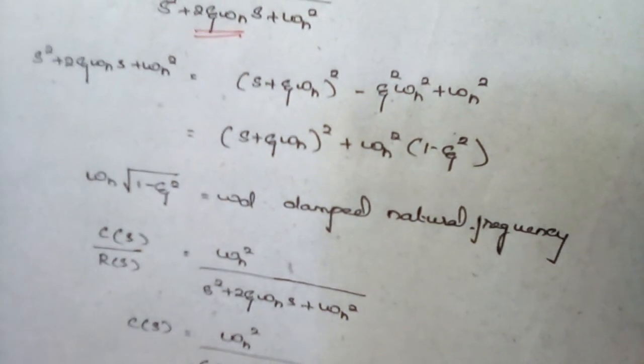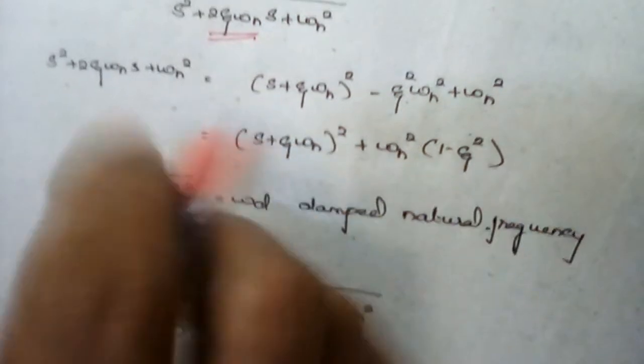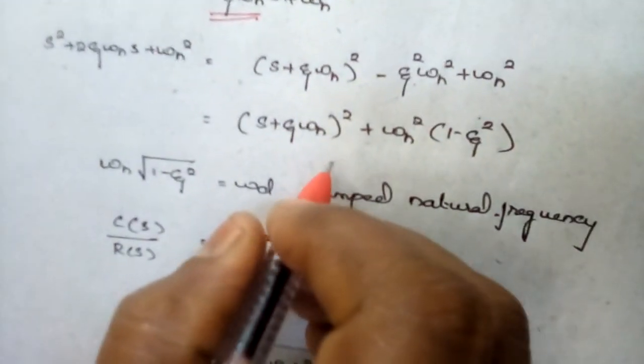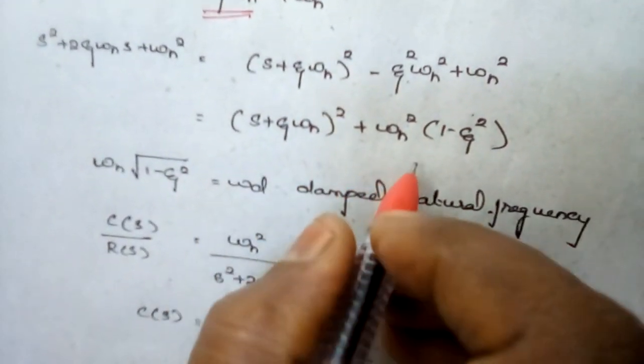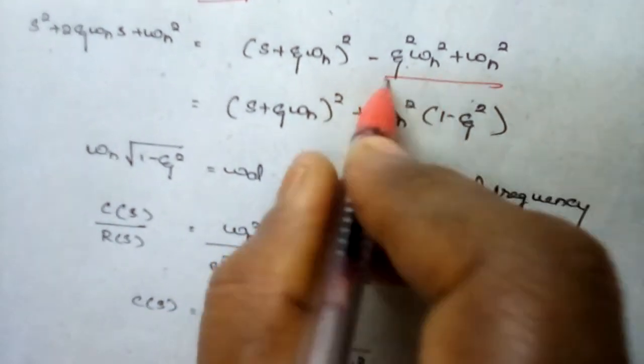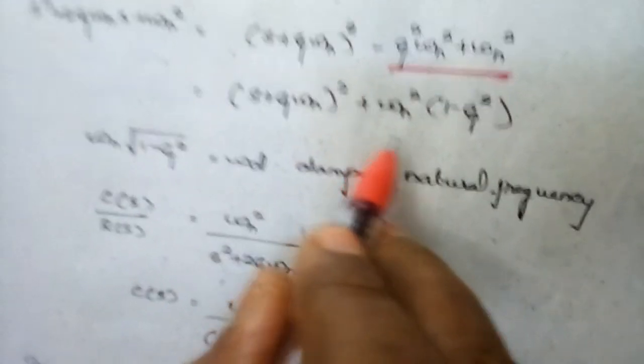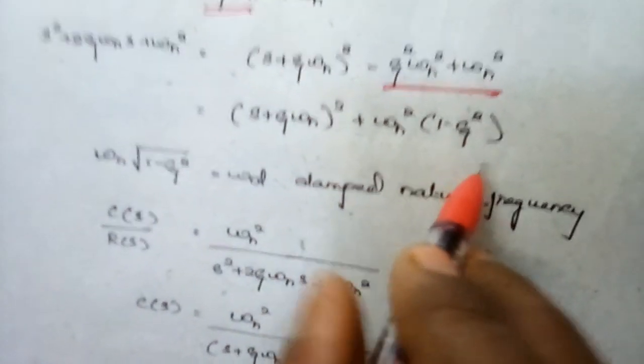I am substituting the algebraic equation and obtaining the equation as s plus zeta omega n the whole square plus omega n square. I am taking omega n square as common from these two terms, which gives 1 minus zeta square.